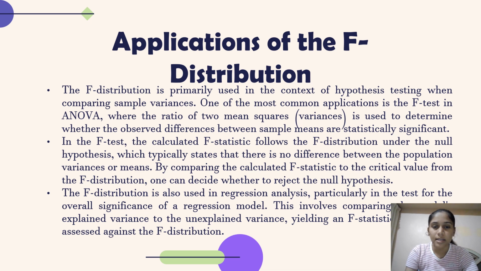In F-test, the calculated F-statistic follows the F-distribution under the null hypothesis, which typically states that there is no difference between the population variances or means. By comparing the calculated F statistic to the critical value from the F distribution, one can decide whether to reject the null hypothesis.